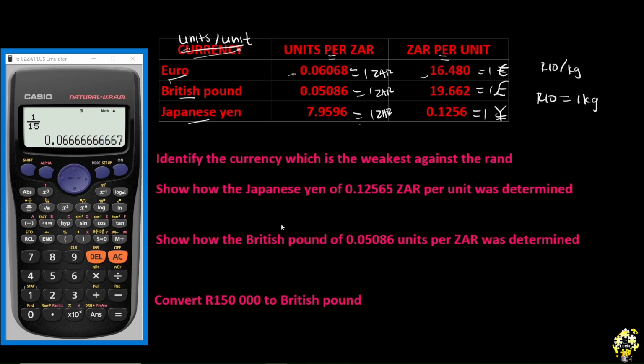But let me repeat. When you get a table like this, the first thing you have to do, go and cancel currency and write units or unit. Say you go to your store, you get a bag of tomatoes that is written something like this, 10 rand per kg. What could that be all about?